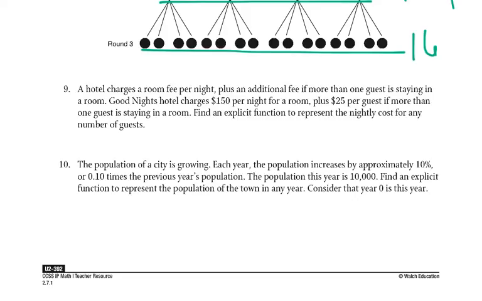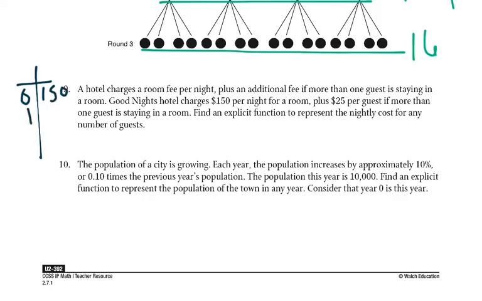Number 9. A hotel charges a room fee per night plus an additional fee if more than one guest is staying in the room. Goodnight's hotel charges $150 per night for a room plus $25 per guest if more than one guest is staying in a room. Find an explicit function to represent the nightly cost for any number of guests. So let's think about it this way. If there's only one of you, just yourself, it's 150.